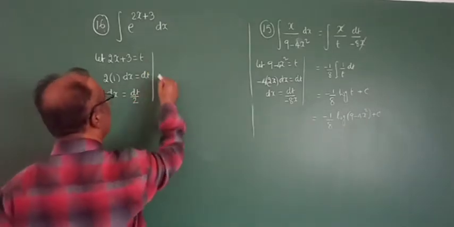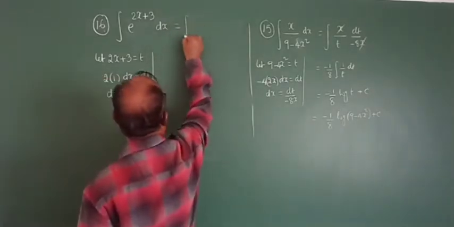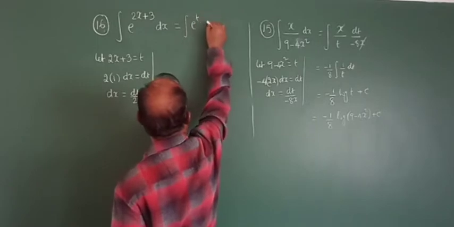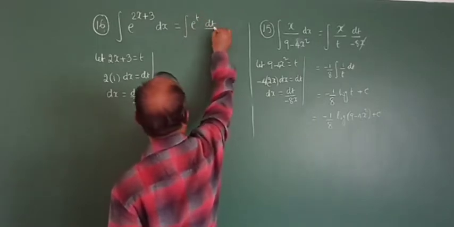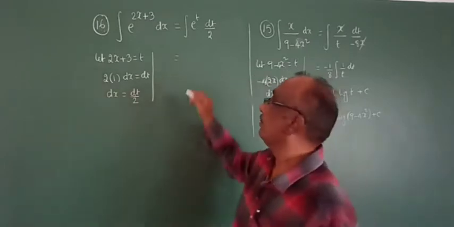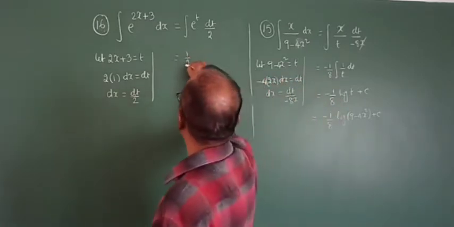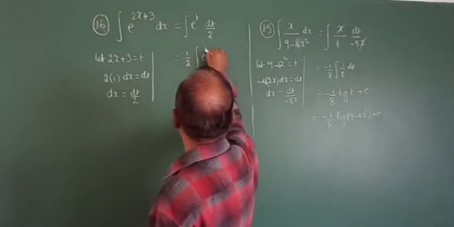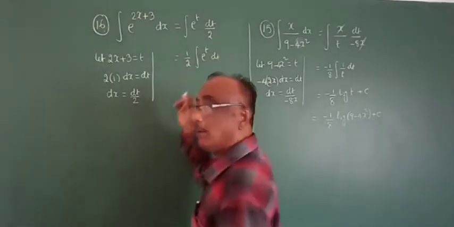Everyone, substitute in this one: integral of e power of t, dx is dt by 2. 1 by 2 is the coefficient outside: 1 by 2 integral of e power of t into dt.